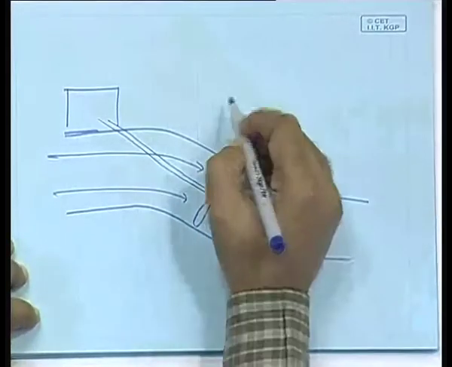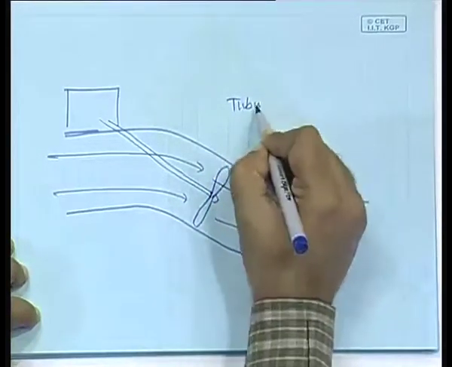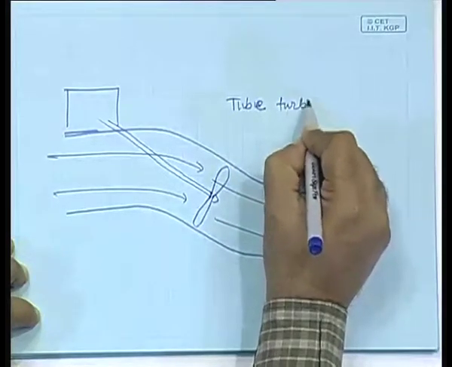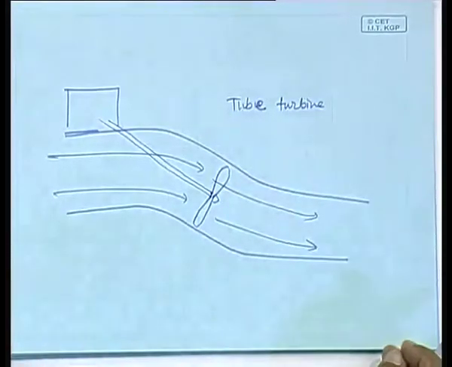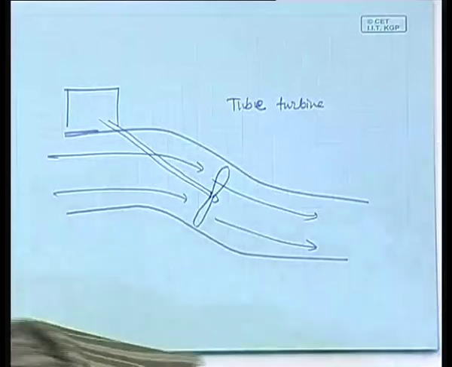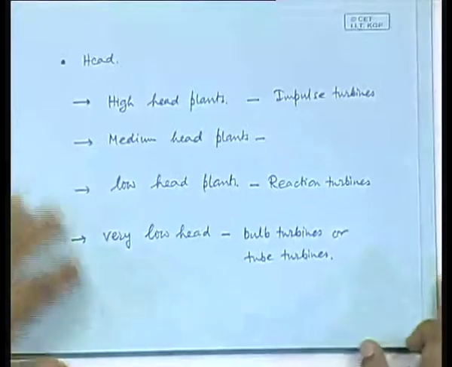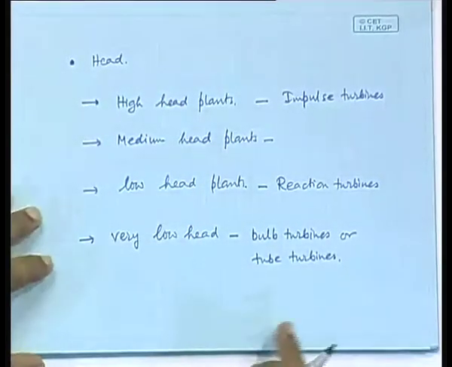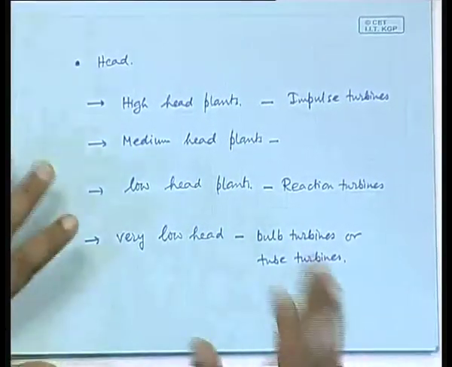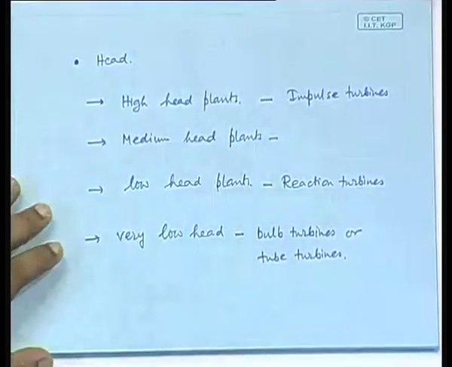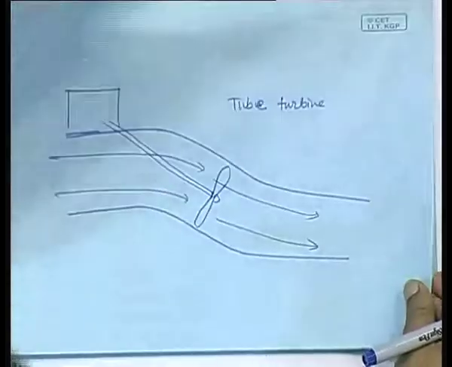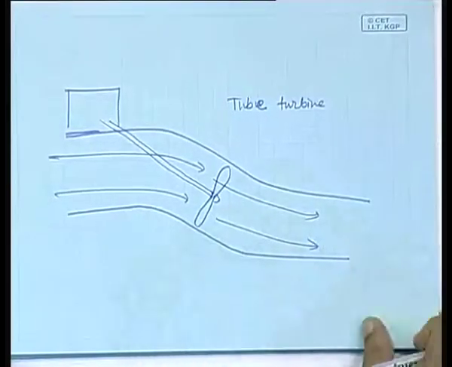So, this will be the structure of the tube turbine. Clear? That is why you had these four classifications of the power plants depending on the head, because you need different types of turbines for this purpose. Have you copied the tube turbine? Yeah.